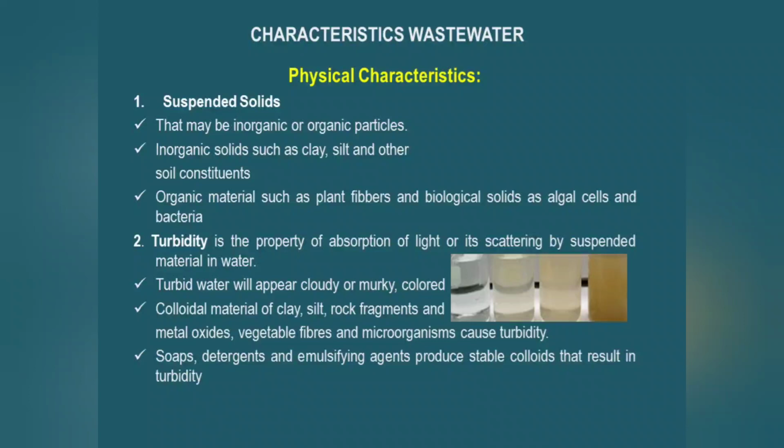Inorganic particles such as clay, silts and other soil constitute these inorganic solids, and organic materials such as plant fibers and biological solids such as algal cells and bacteria may constitute organic materials. These are the suspended solids that may be found in wastewater.